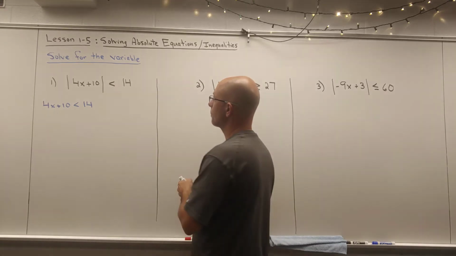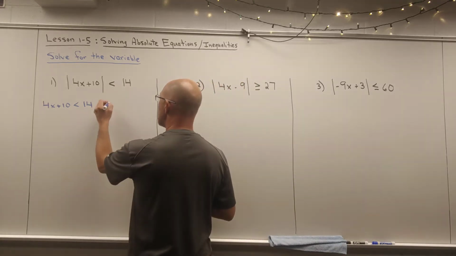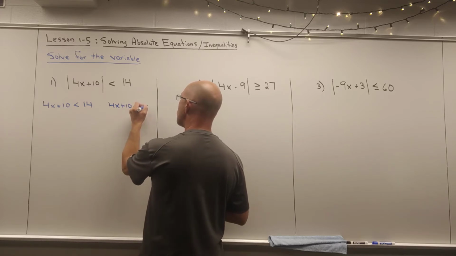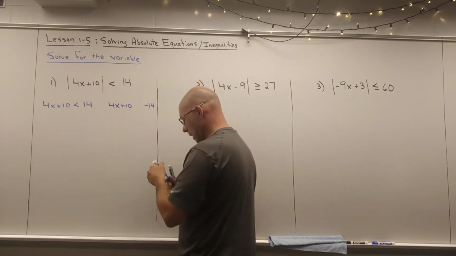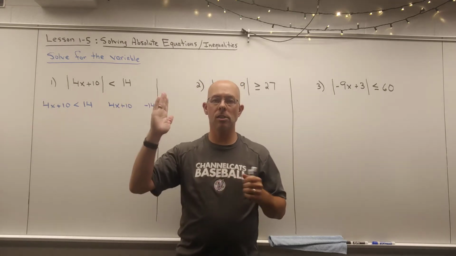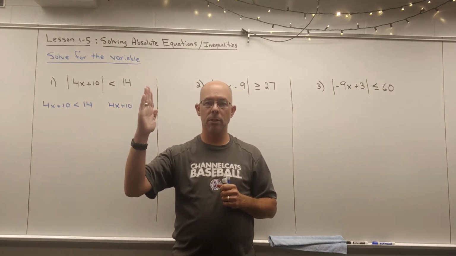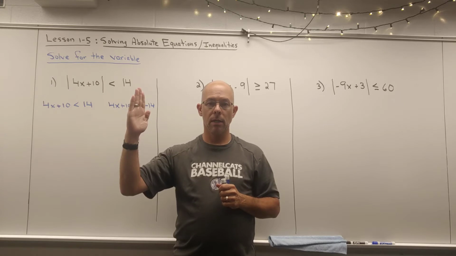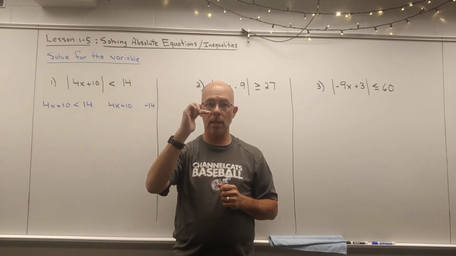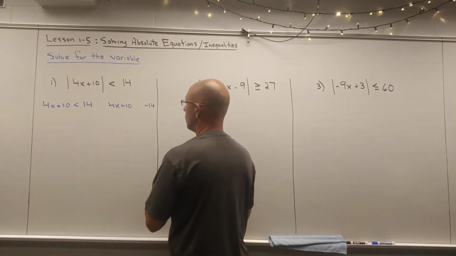The other thing is going to be the number negative 14. Now think about that. You want the distance to be less. So if negative 14 is out here, less is coming back this way. Well, what direction is that on the number line? That's greater than.